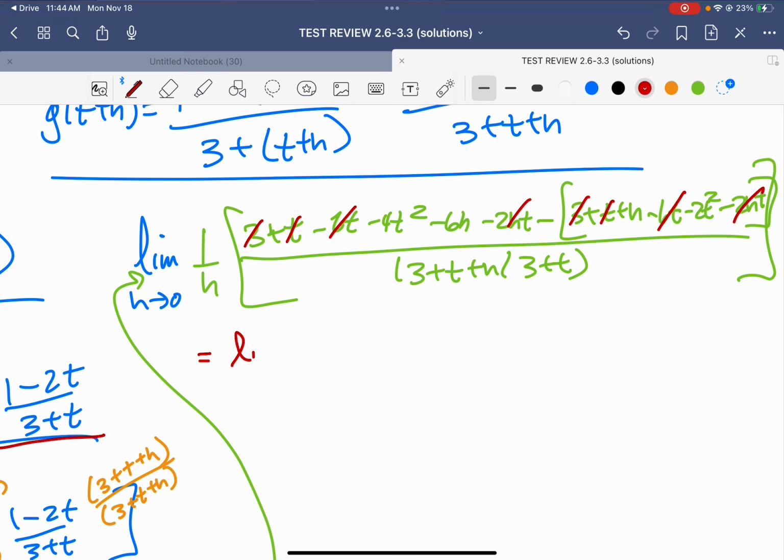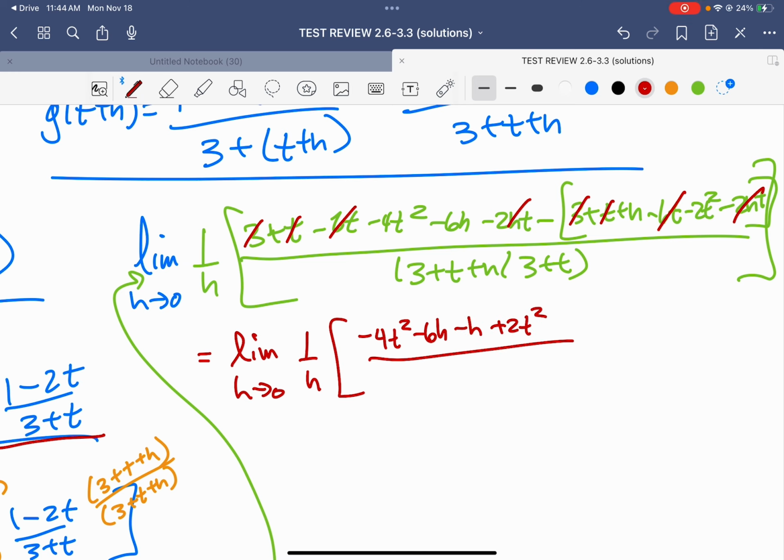So what's left over is 1 over h times negative 4t squared minus 6h, and then minus h plus 2t squared, all over my common denominator of 3 plus t plus h, 3 plus t.